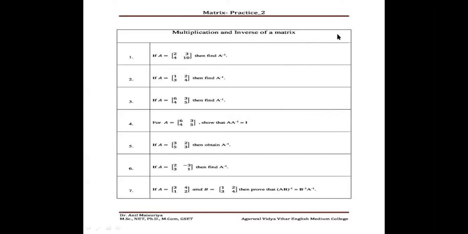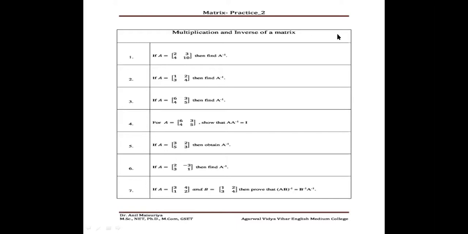Okay, student. Now, I hope you understood this inverse method. Now, just try to solve question number 2, 3. Question number 3 is same as question number 4, no problem.